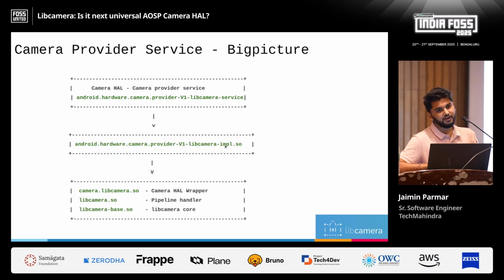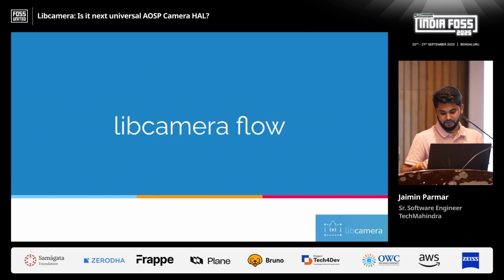At runtime it will load the .so file, and whatever you can see in the last block, right, camera.libcamera.so, libcamera.so, and libcamera_base.so, this is where the Libcamera comes into action. This camera provider calls the get hardware module, and it will load the camera.libcamera.so files. This is where the Libcamera init process and the main architecture come into action.